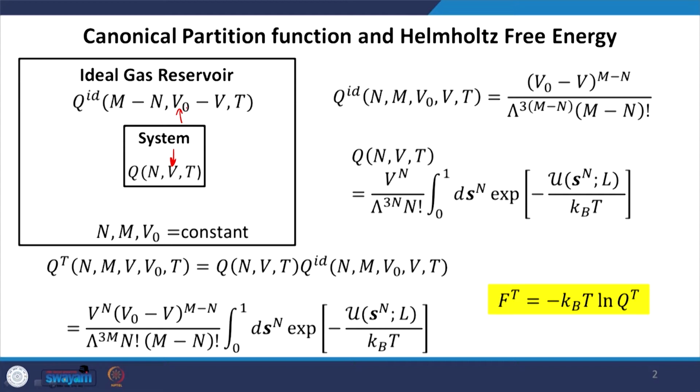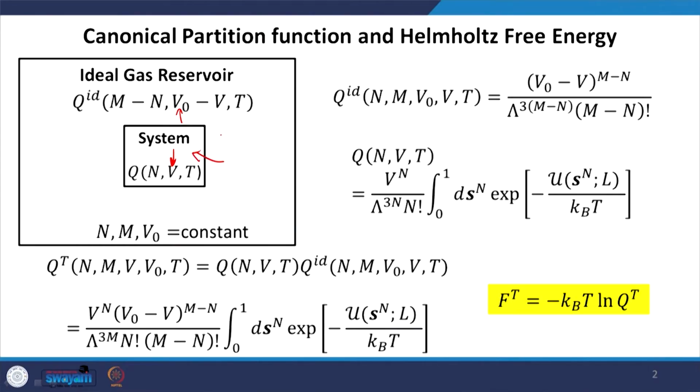So in this kind of canonical case, we can write the partition function in the canonical way for both the system and the reservoir. Once we write that, then we worry about how to account for the volume changes. But for this case, we are assuming that the volume of the system is also constant.